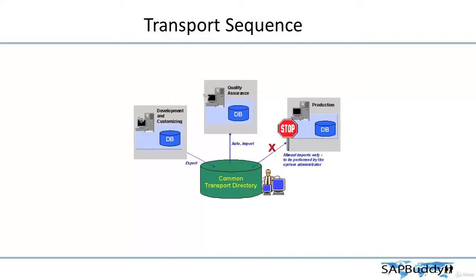Then this file or this information will be imported to the quality system's database, or quality system, to do the testing. But the file is still available in the transport directory once it's exported. You will just import this, and this modification will be available in the quality system. Then you will do the testing.